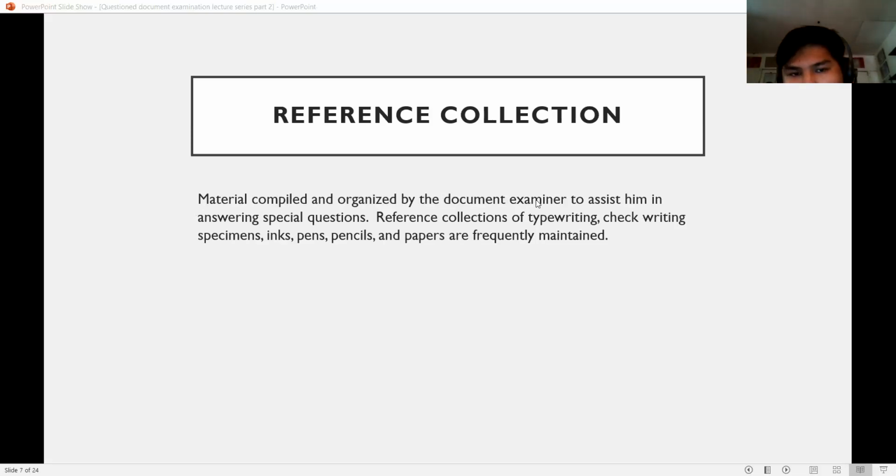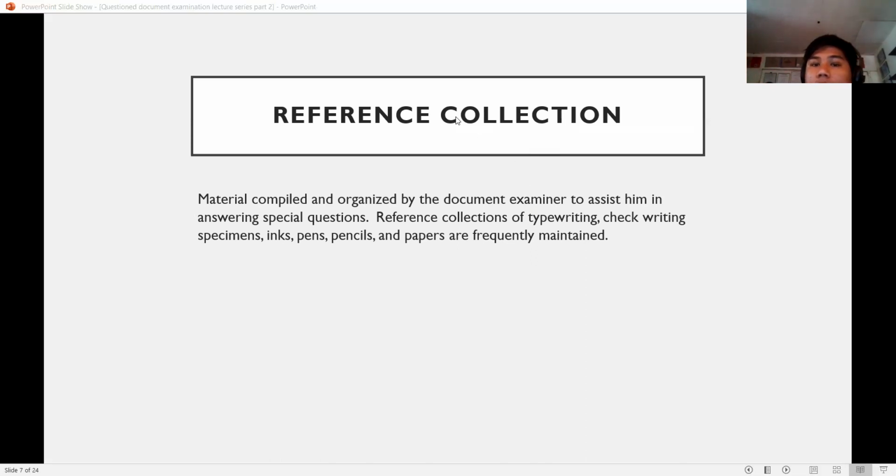Next, we have a reference collection. A reference collection is a material compiled and organized by the document examiner to assist him in answering special questions. So these are collections of typewriting, check writer specimens, inks, pens, pencils, paper, that are compiled and organized by the document examiner as standards of the products.